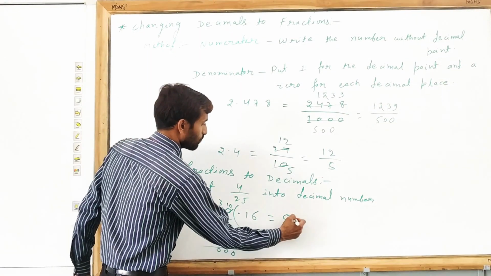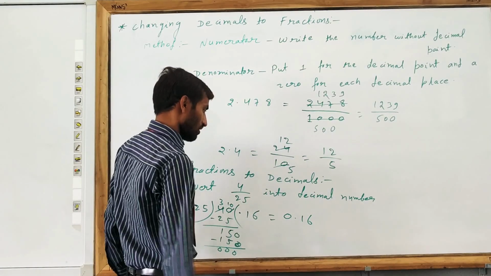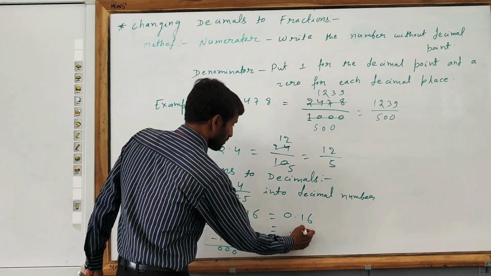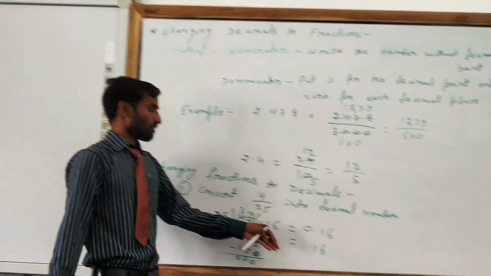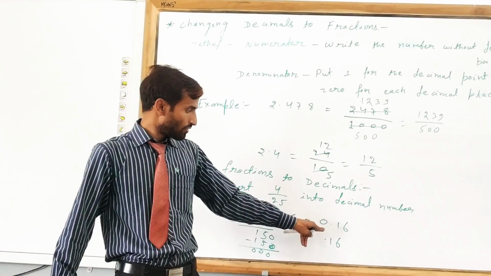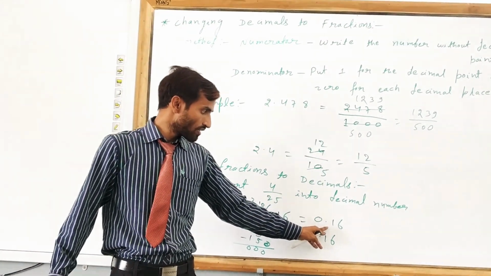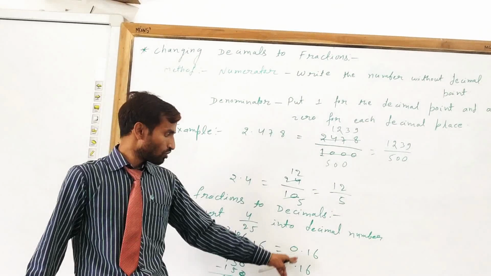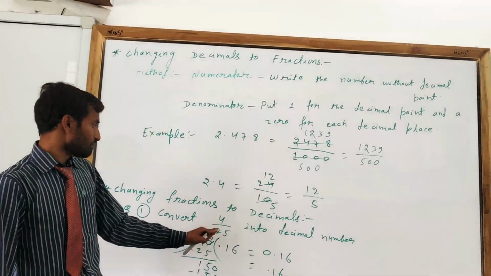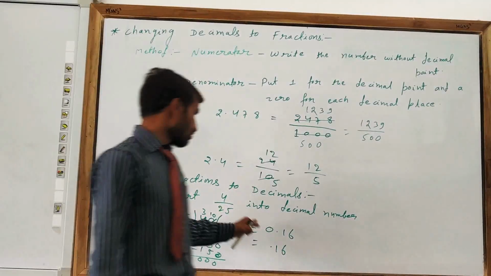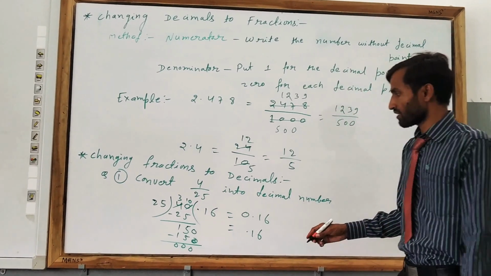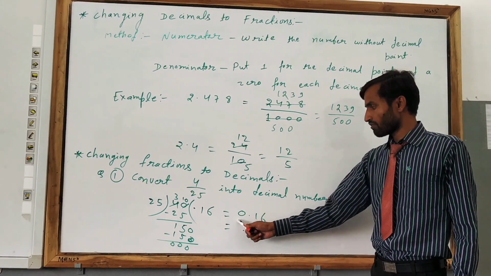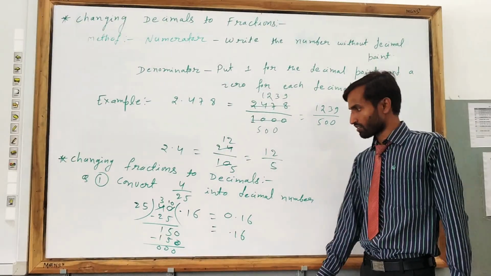So 0.16 will come. You can write it without the 0 also, that is not wrong, but as a standard you should always put the 0. So 4/25 converted into a decimal gives 0.16.